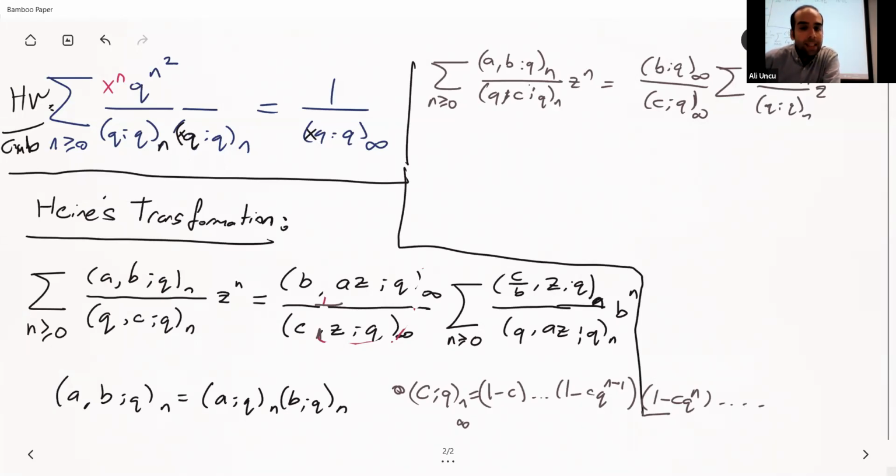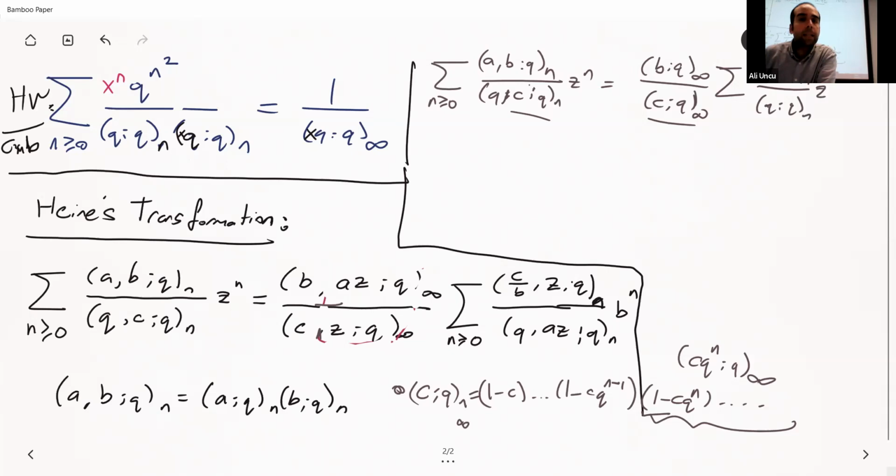So I need to multiply this with the tail end of it, and the tail end of it is (c q^n; q)∞.